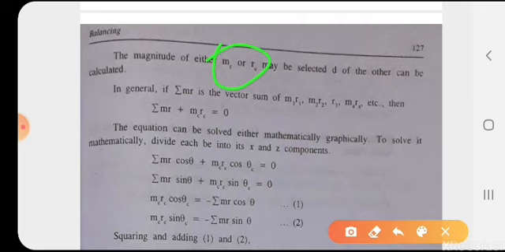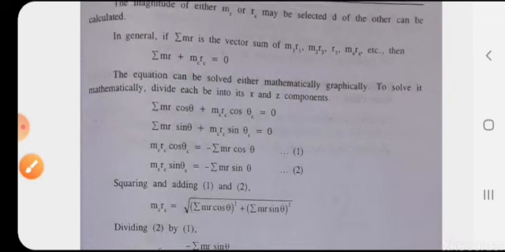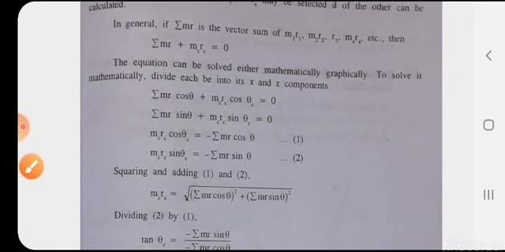So the summation of mr is nothing but the vector sum of m1 r1, m2 r2, m3 r3, m4 r4, etc. It can be shortly written as summation of mr, plus mc rc. Then the equation can be solved either mathematically or by graphical method.